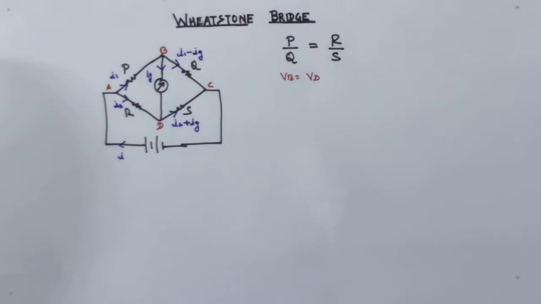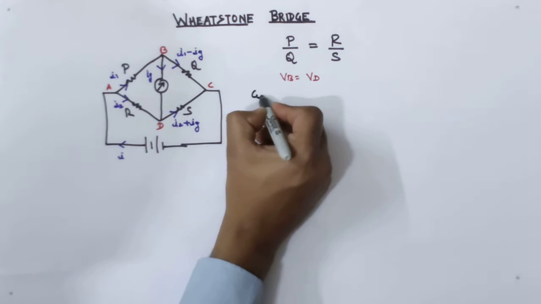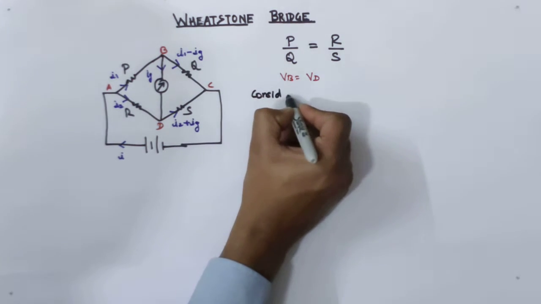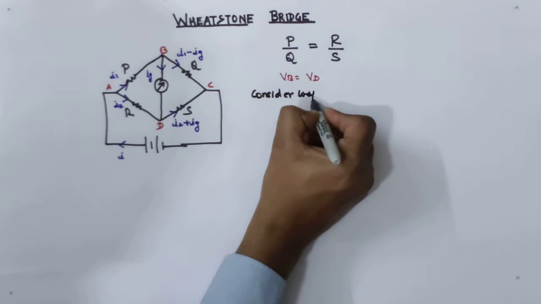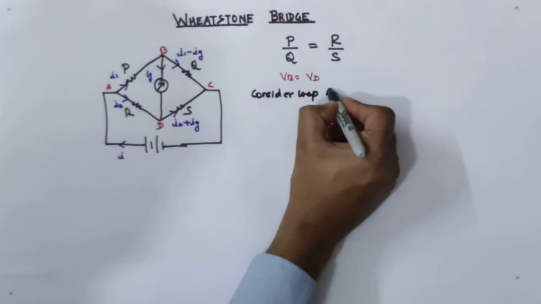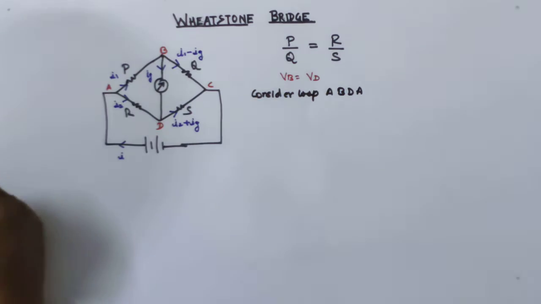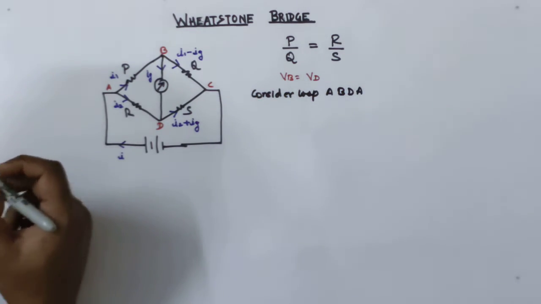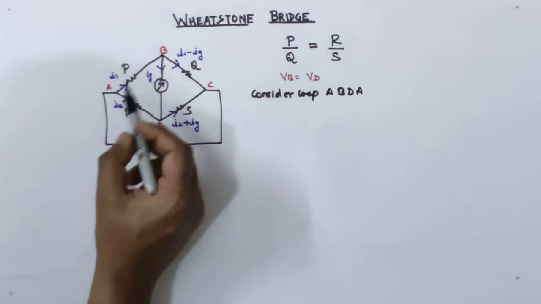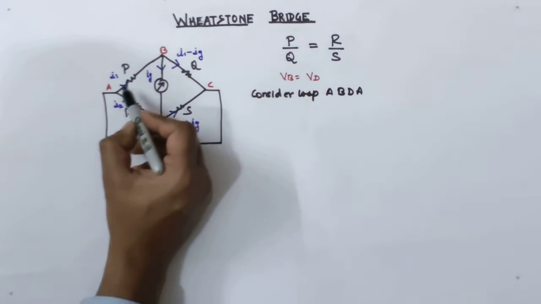Now, consider a loop A, B, D, A. In this loop, if I apply Kirchhoff's principle, what would it be?